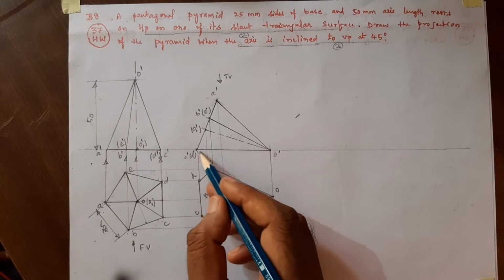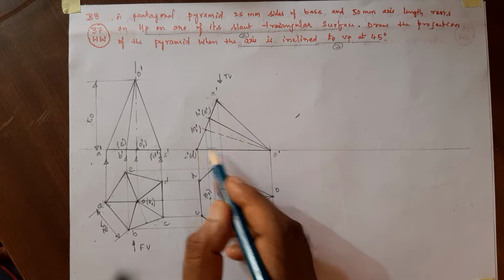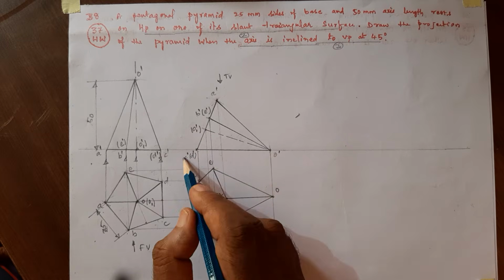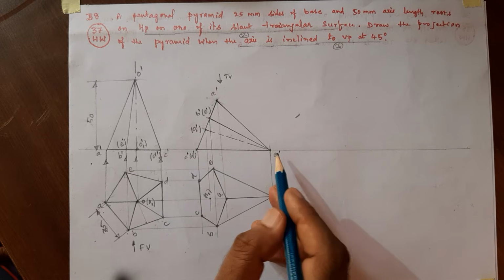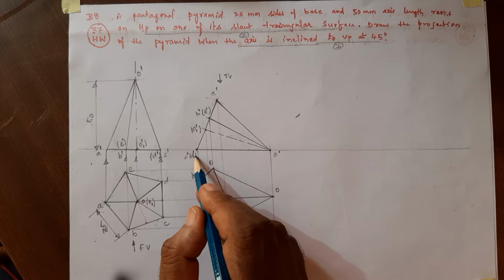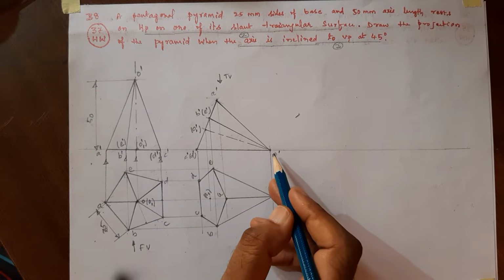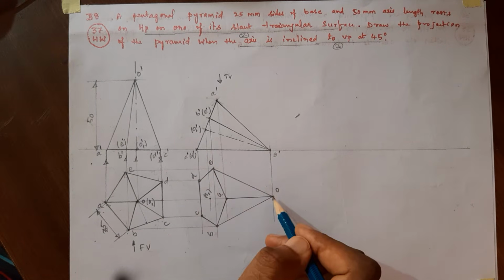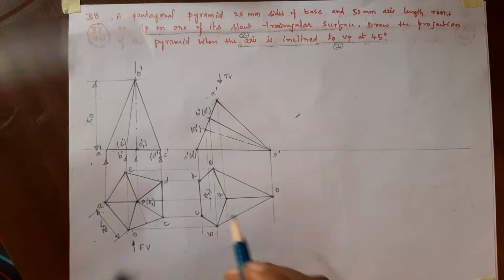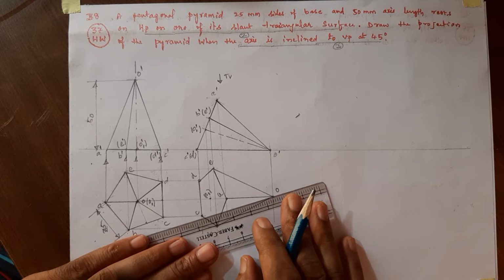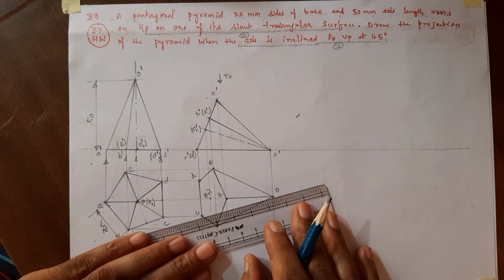Now other edges. Now see, this is the edge away from the observer, and O dash to C dash, O dash to D dash in the bracket are invisible. Now see, O dash to C dash here is invisible, so draw with dotted line.